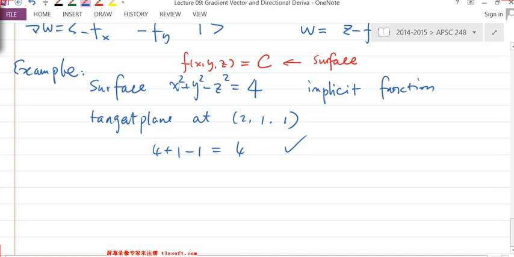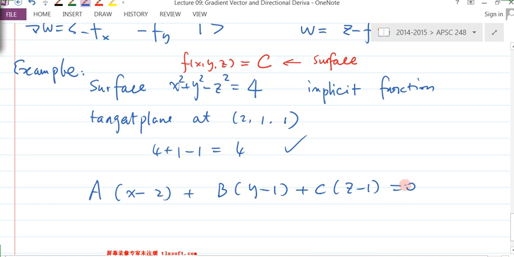Then the next step is to create a plane. You already have the point 2, 1, 1, so you already have x minus x naught, which is x minus 2. All you need now is a perpendicular vector to this plane.